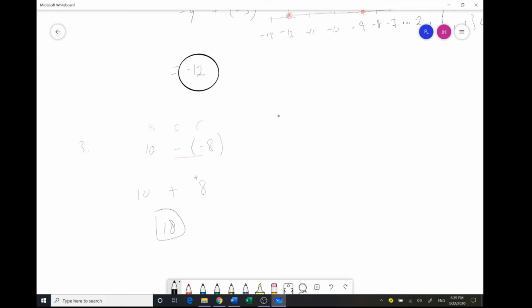Now let's take a look at this example of, let's say, -5 minus -7. So again, K, C, and C. Keep the -5, change the minus to a plus, change the -7 to a +7.